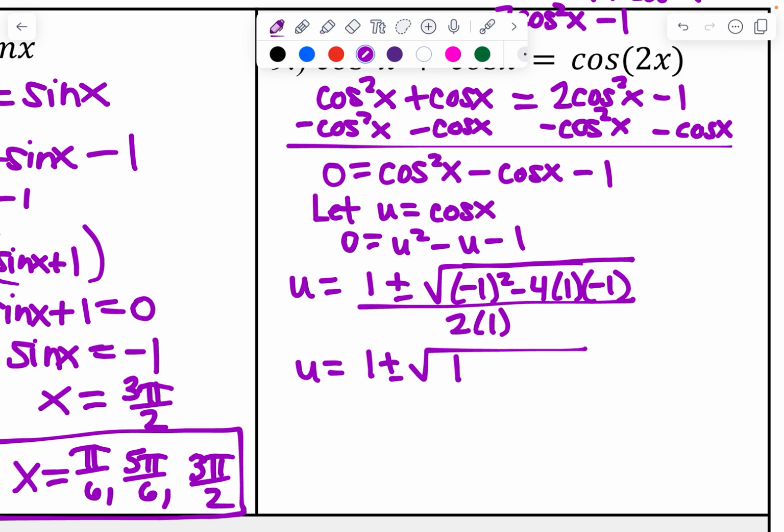So negative 1 squared is 1, negative 4 times 1 times negative 1 gives us positive 4 all over 2. So we get 1 plus or minus the square root of 5 over 2. So that's what u would equal.